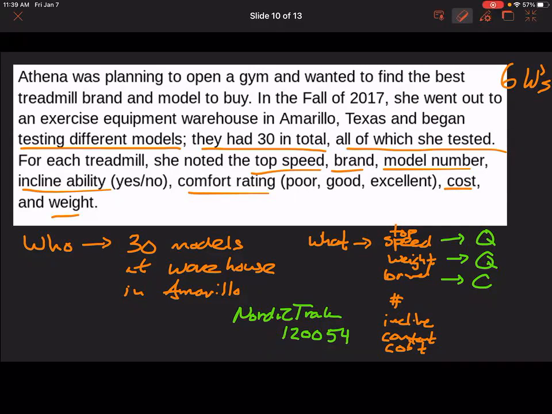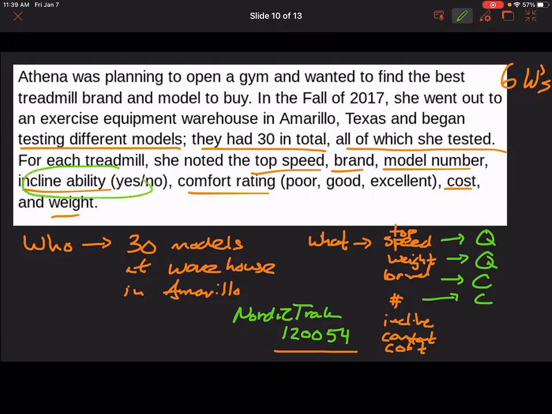Now this one, be careful. It is a number, but there's no units. It's not 120054 pounds or anything. It's just an indicator, a label for that treadmill. So even though it's a number, it doesn't have units, so it's categorical.